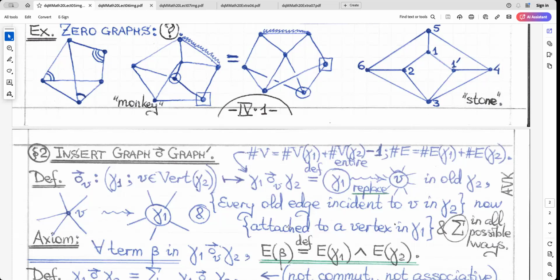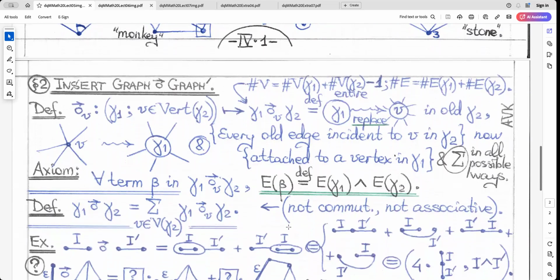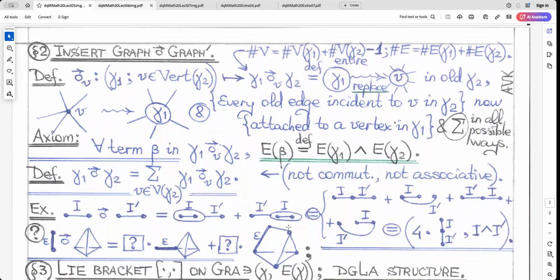So far, we inserted the entire gamma 1, maybe by linearity, if gamma 1 was something plus something plus something, into our favorite vertex of gamma 2. Usually in graphs, we don't have a favorite vertex. Therefore, the insertion of a graph gamma 1 into gamma 2 is the insertion of gamma 1 into every vertex of gamma 2.